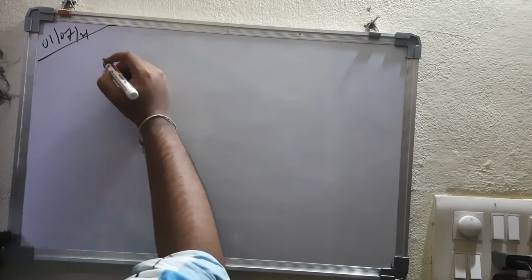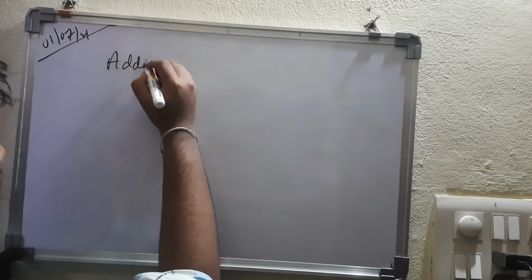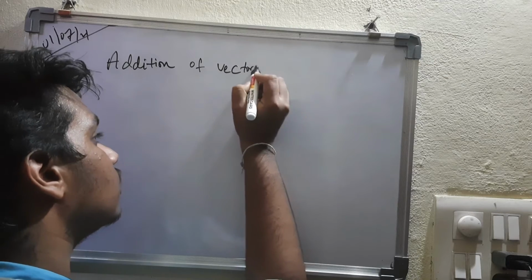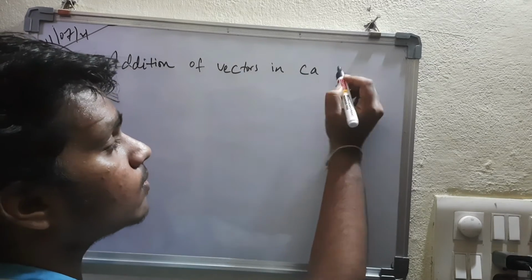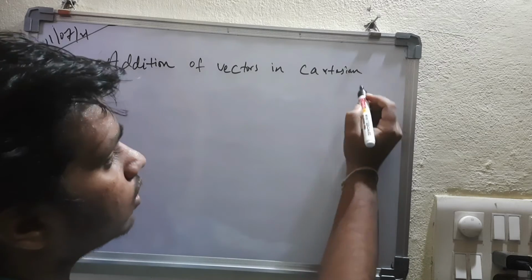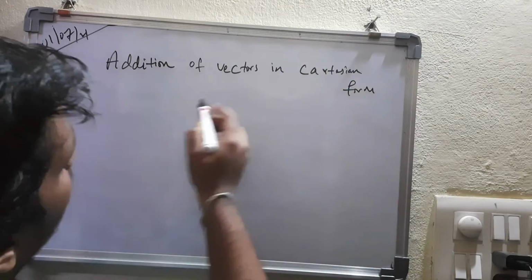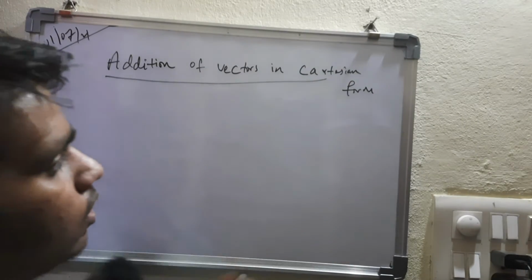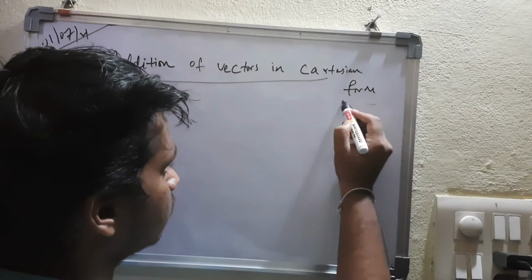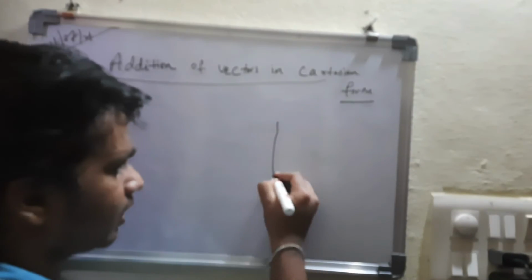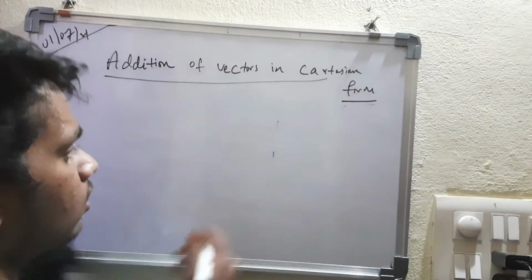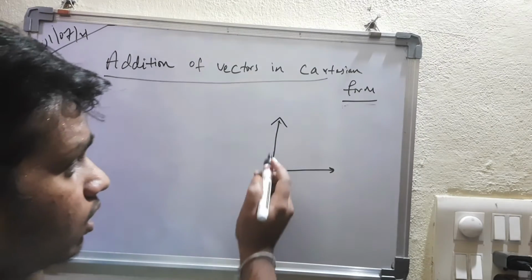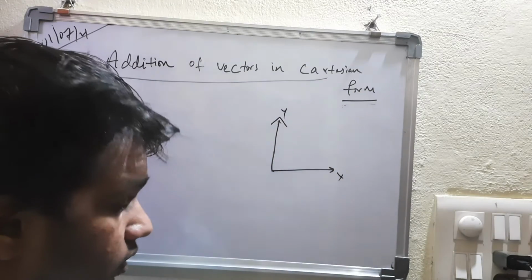Now we'll discuss addition of vectors in Cartesian form. Vectors in Cartesian form. Now what is meant by Cartesian form? First you have to know the meaning. Let us take this will be y, this will be x.